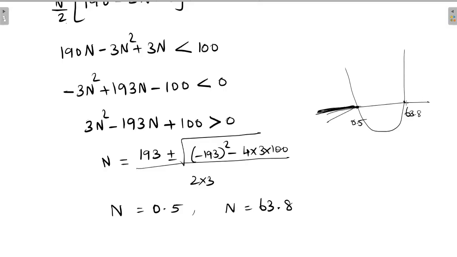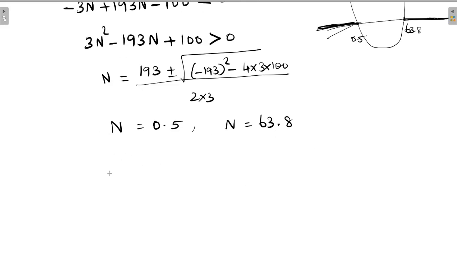So n must be less than 0.5 or n greater than 63.8. These are the two inequalities. Now we can find the smallest integer n. The smallest values are 0 and minus 1, but negative is not possible for n. Only positive is possible. So after 63, the greater value is 64. The possible value is n equal to 64.